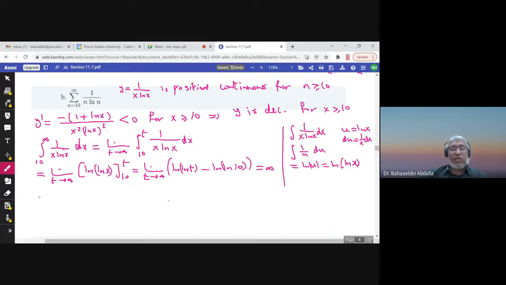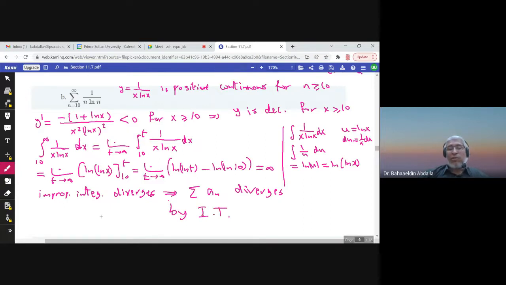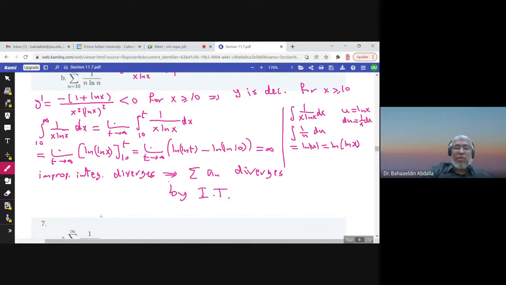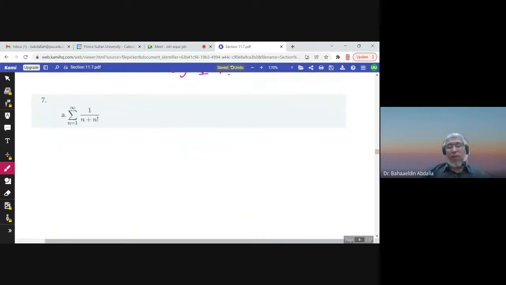So the answer is infinity. So the improper integral diverges. So this means that summation an diverges by the integral test. So this is an example about the integral test.